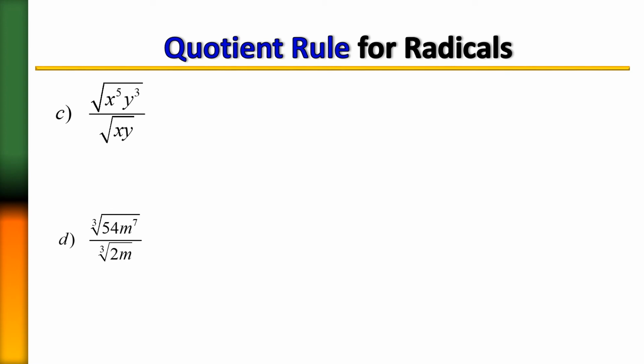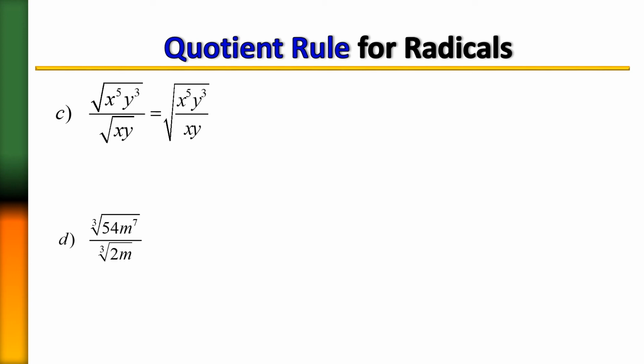So here we have the top and the bottom both have their own radical symbol, but they're both square root. So we can simply place them all under the umbrella there. It would be your x's, top take away the bottom, using the quotient rule. y, top take away the bottom. So for my x's, I'm going to have 5 take away 1.